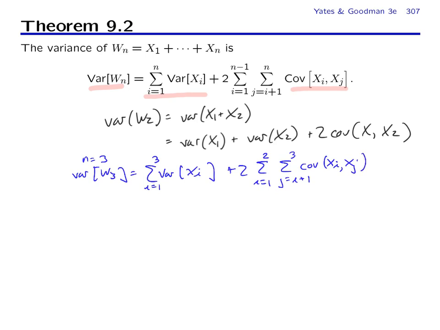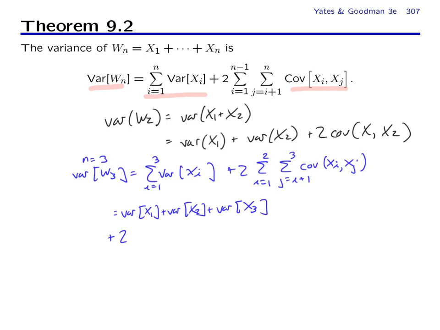So this is equal to variance X1 plus variance X2 plus variance X3, and now we have plus 2 times the double summation.